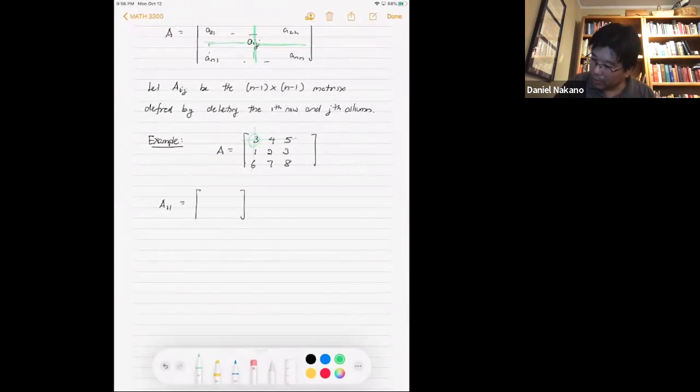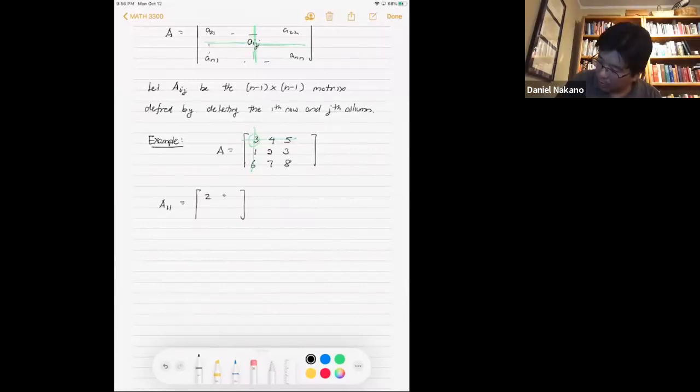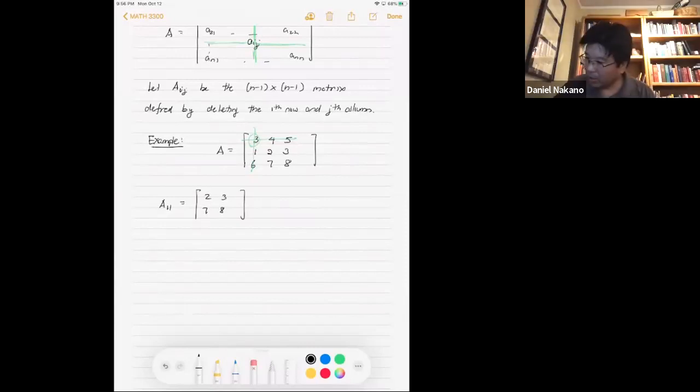So we just do something like that, right? And then the matrix is going to look like what? 2, 7, 3, 8. Okay, so 2, 3, 7, and 8, right? Okay, everybody good with that? Let's try another one.